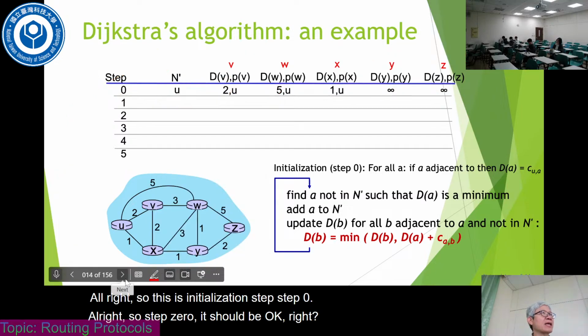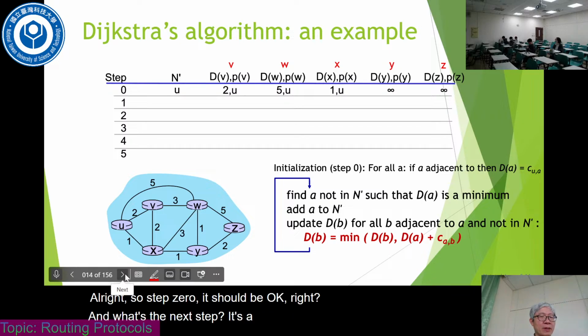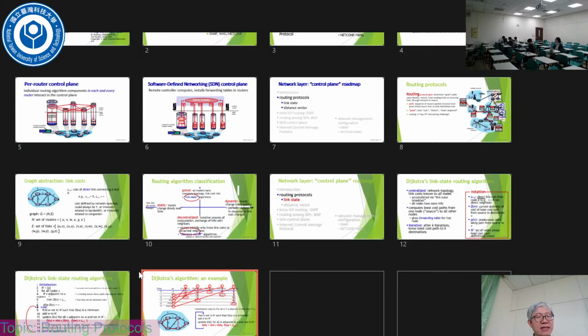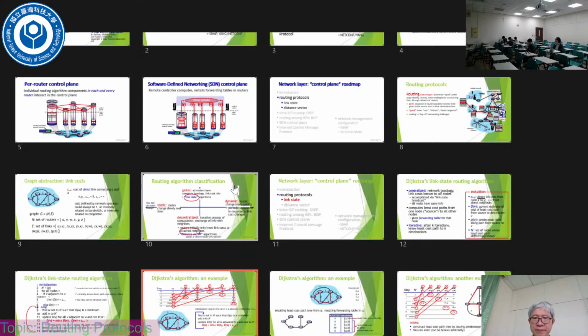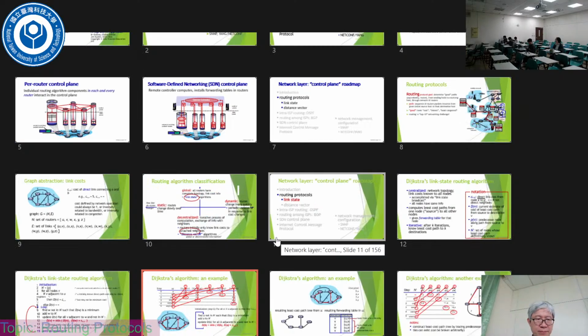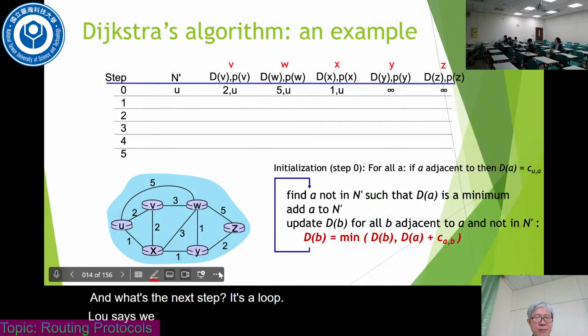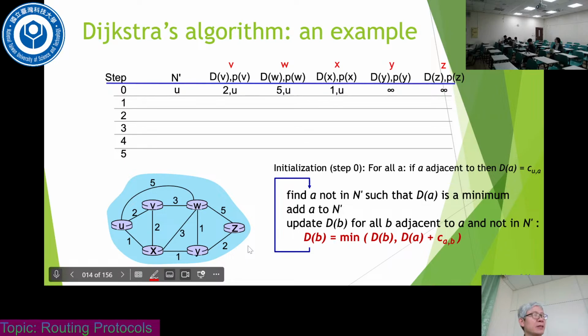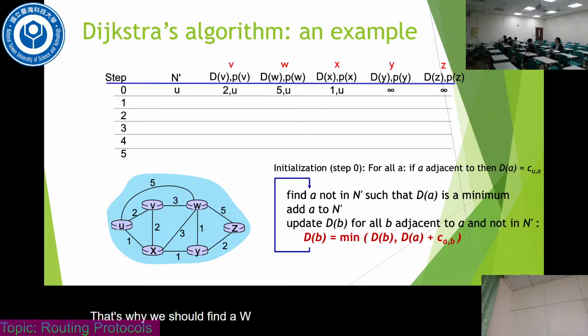And what's the next step? It's a loop. The loop says we should find a node not contained within N prime. Next one, we should find a w. Even right now we have a W already, but not that one.